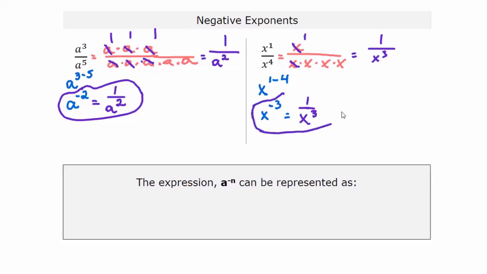So can we come up with a rule based on these two examples? If I want to get rid of any negative exponents and make all exponents, I'm sorry, not even, all exponents positive, what would I do?